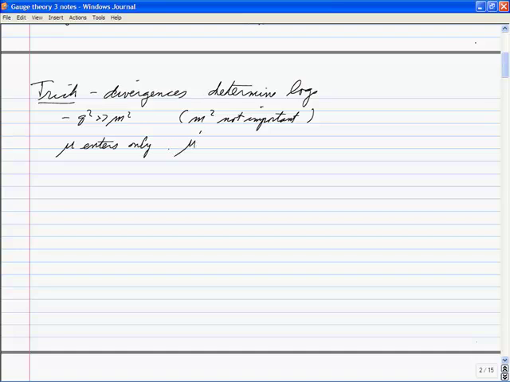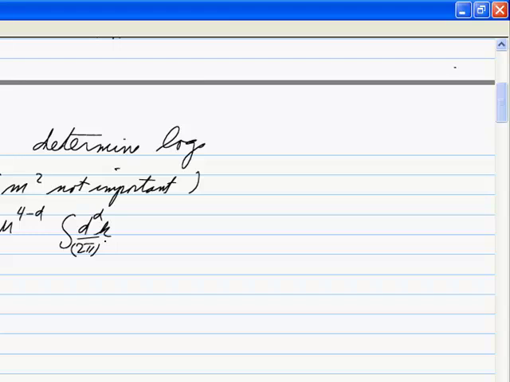It's mu to the 4 minus d times the integral d^d k over loop momentum. So we've added this dimensionful factor to keep the overall factor unchanged. If this goes from d^4 k to d^d k, we put mu to the 4 minus d to keep the factor the same.